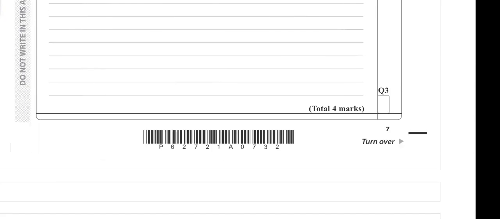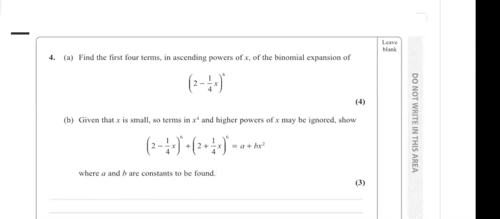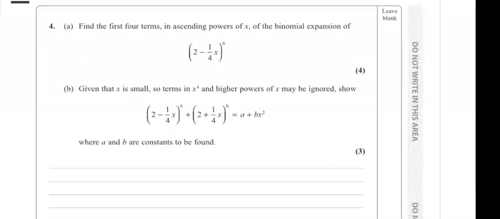Next is question number 4, which is always a long question about using the binomial expansion. Using the binomial expansion, we have to expand it in ascending powers of x for the first four terms.